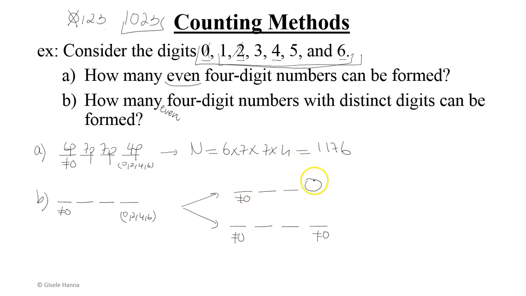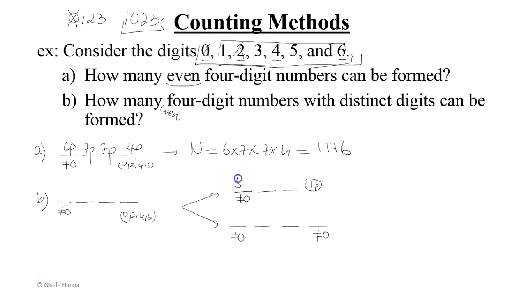So when I have 0 as the last digit, this is just one possibility that I have already chosen. Since I've already chosen 0 for the last digit, there's no risk of choosing it again for the first one, so I no longer have 0 among the possibilities.